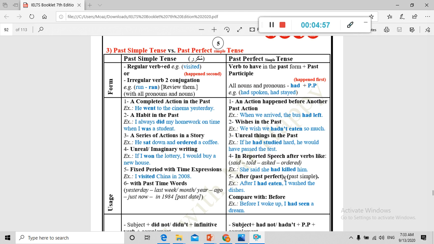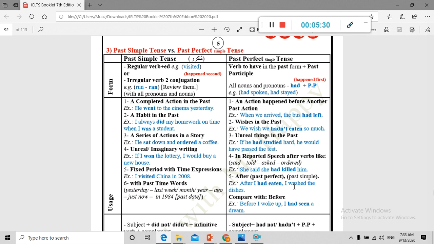When we have the word after, we put past perfect, then past simple. So after I had eaten, I washed the dishes. The same idea: I had eaten first, then washed the dishes. Compare it with using before.